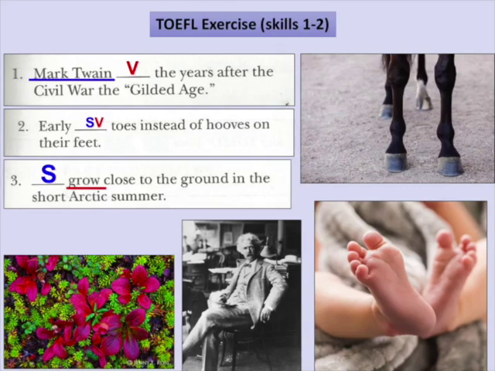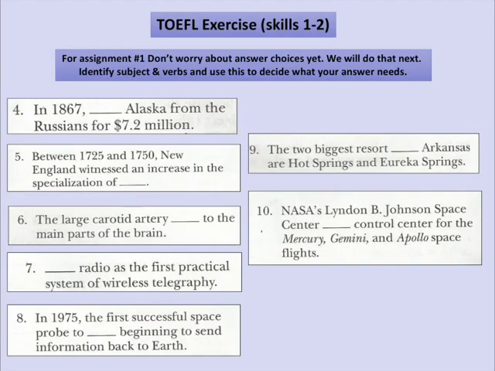So you write an S on the line for subject because that's what you will look for when you see the answers. Your assignment is to do the same thing with the rest of these sentences. I want you to identify the subject in blue and the verb in red, and then write on the line what the answer will be.